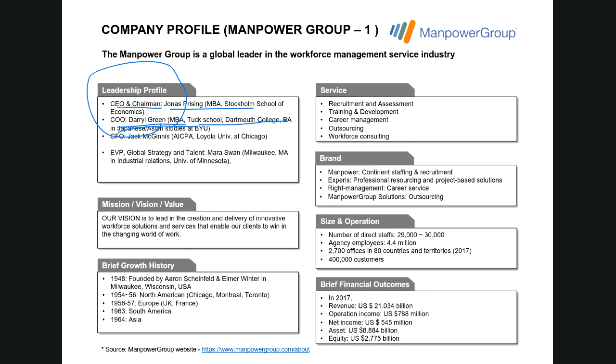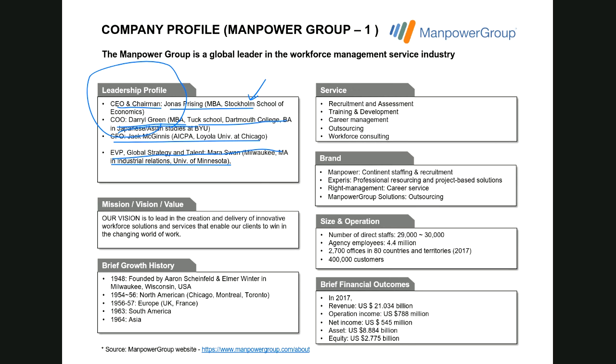The CFO, Jack McGinnis, is from Loyola University in Chicago. The EVP of Global Strategy and Talent, Mara Swan, is from Milwaukee, with Industrial Relations from the University of Minnesota. And actually, Manpower.com was established in Milwaukee, and they are very well known for taking care of people well.